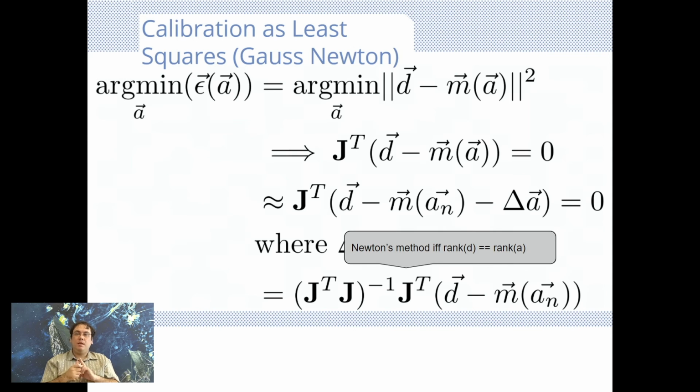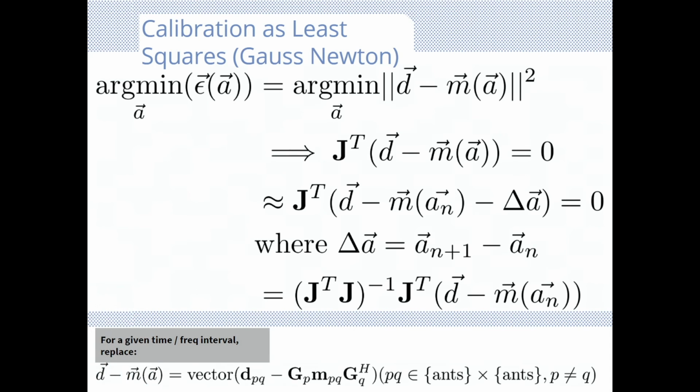And then if the rank of the data vector and the model parameterized vector is the same, then we just have Newton's method, if you recall back to your university calculus. And for a radio interferometer, we can slightly modify this just to more familiar notation here.